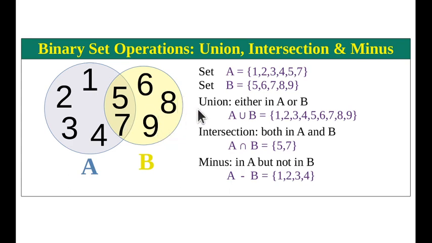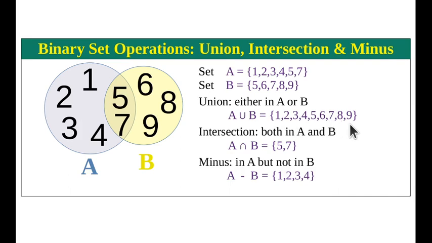Now we are defining union, intersection and minus. Union: all such elements which are either in set A or set B. A union B gives us a set of elements 1, 2, 3, 4, 5, 6, 7, 8, 9.